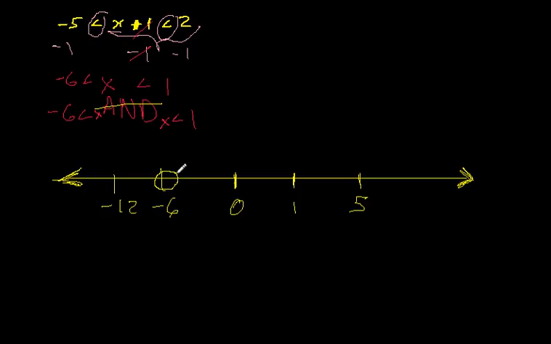I'll use a different color, a nice dark green. So we have an open circle here. What way is x going? It's greater than -6, so the arrow goes right.